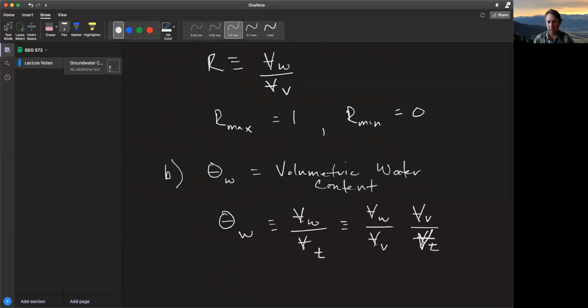All I've done is multiply by the volume of voids over the volume of voids. It's just a little trick. But now we can say this is equal to the volume of the water over the volume of the voids. Well, that's our saturation. And then the volume of the voids over the volume total is porosity. All right.